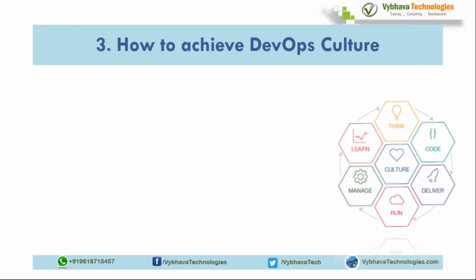So how are we going to achieve this DevOps culture? First, we need to think about how to optimize, how to make things better in every area. Then we code. In every area we have to think about code, code, code. There is no area in DevOps where we are not doing coding.